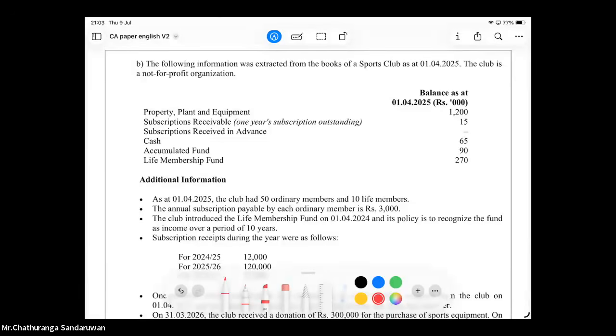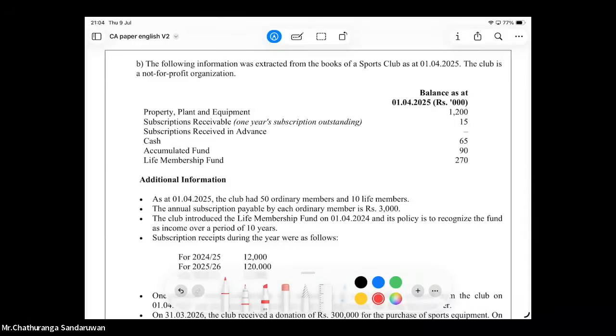The following information was extracted from the books of a sport club as at 1st April 2025. The club is a non-for-profit organization. The balance as at 1st April 2025: property, plant and equipment, subscription receivable, 1 year subscription outstanding, subscription received in advance, cash, accumulated fund, life membership fund.